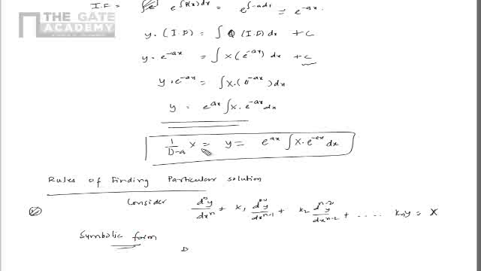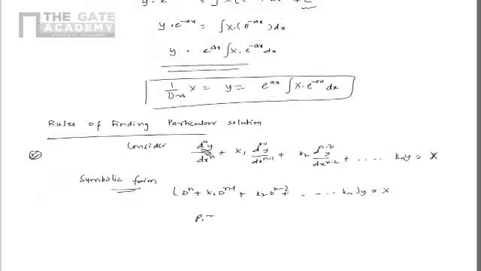So in symbolic form, I can write this as D^n + k1 D^(n-1) + k2 D^(n-2) and so on up to kn, y equals capital X. So the particular integral, PI, will basically be the inverse operator.